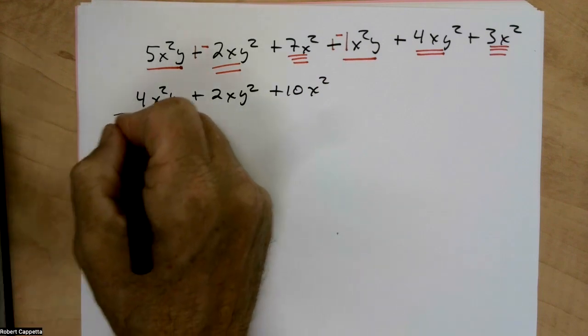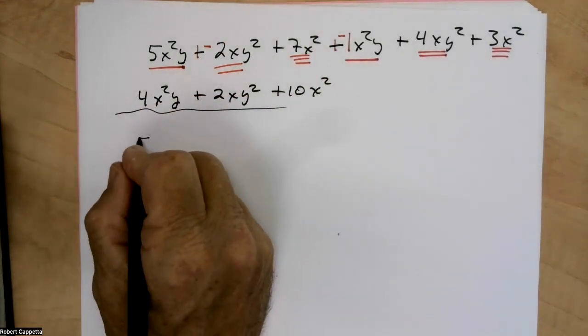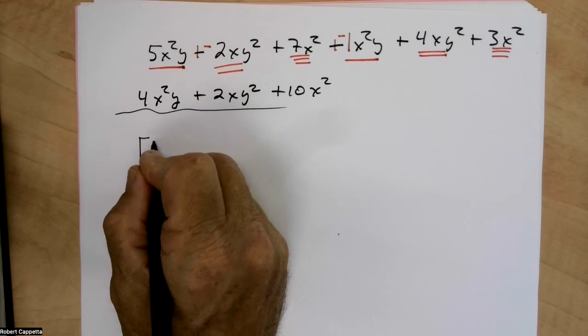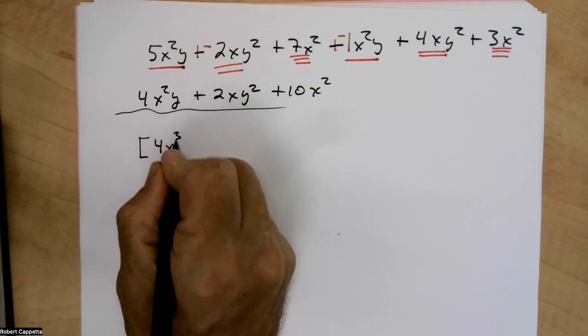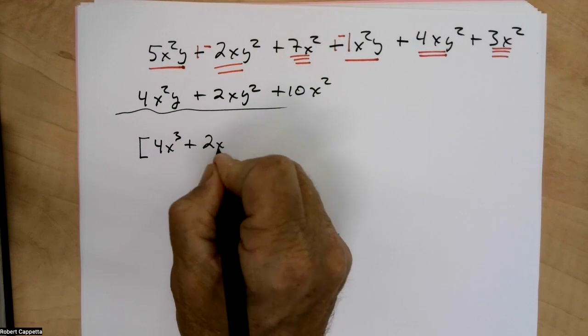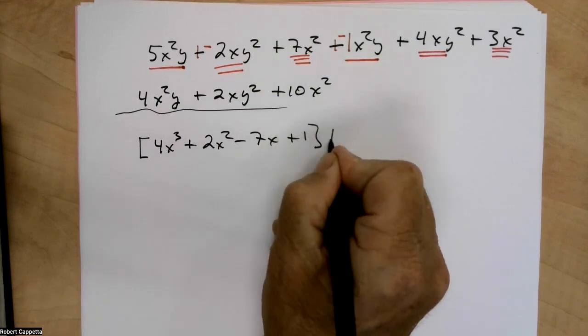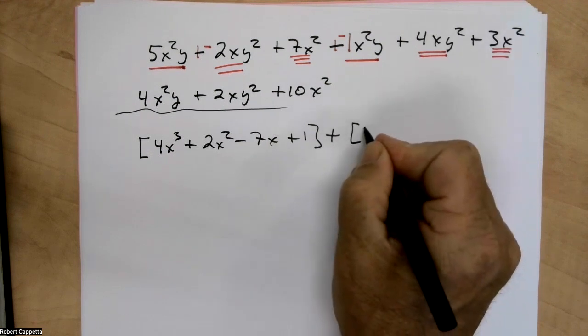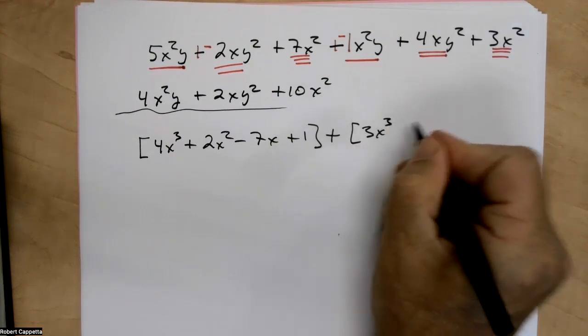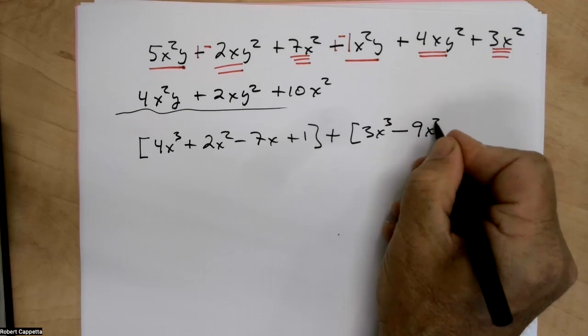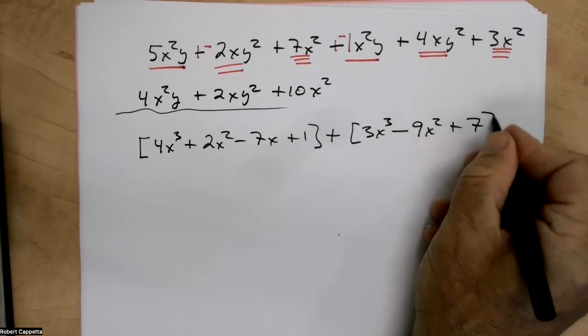Now, typically, our simplest polynomials are things that look like this. 4x cubed plus 2x squared minus 7x plus 1 plus 3x cubed minus 9x squared plus 7.